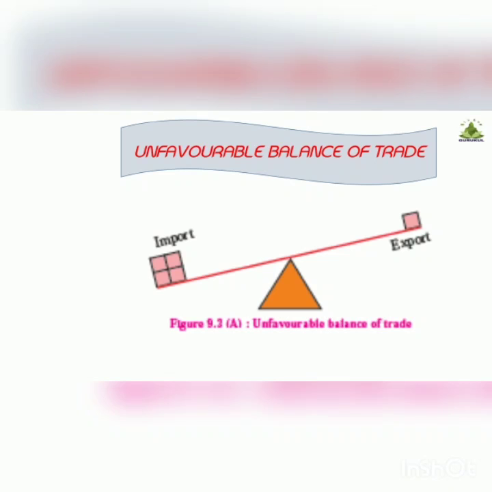From the diagram itself, we come to know when the exports are more and imports are less, we call it as unfavorable balance of trade. When the value of import is more than the value of export, we call it as unfavorable balance of trade.